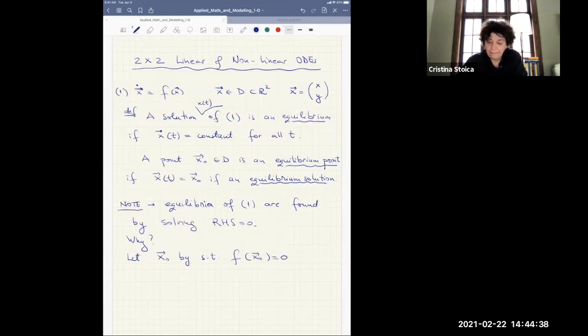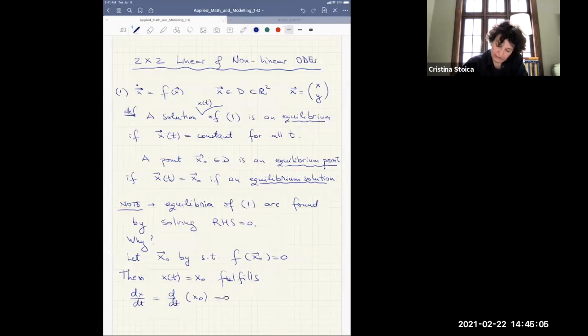Then x of t equals x naught fulfills dx/dt equals d/dt of x naught, which is 0.